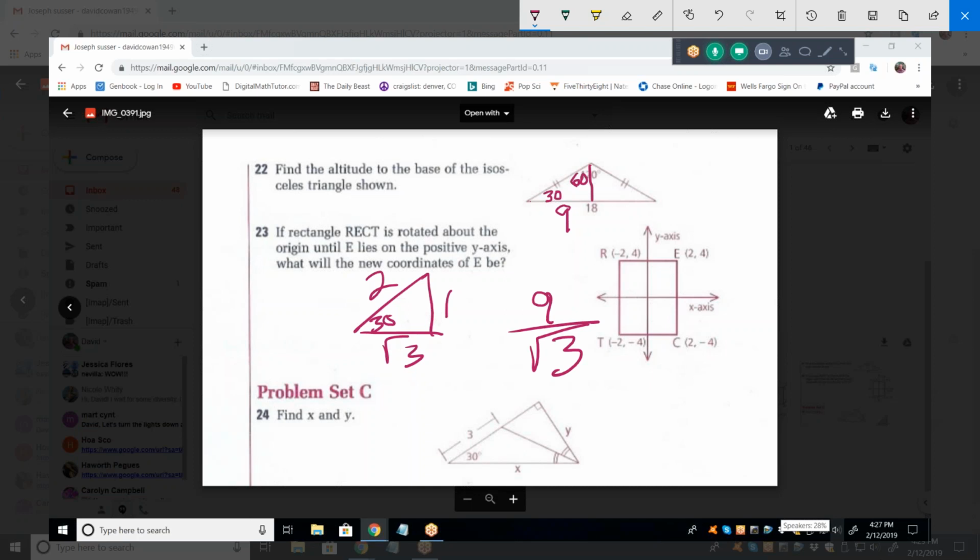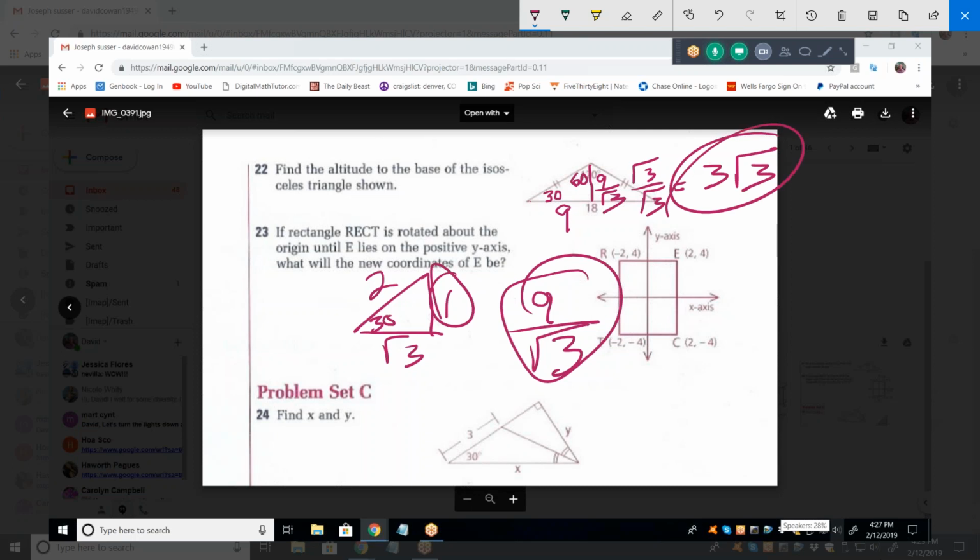That's the similarity ratio. In other words, every side up top is going to be that ratio times this. Well, it's times 1, right? So this is going to be 9 over root 3. Rationalize it. What do you get? 3 root 3.